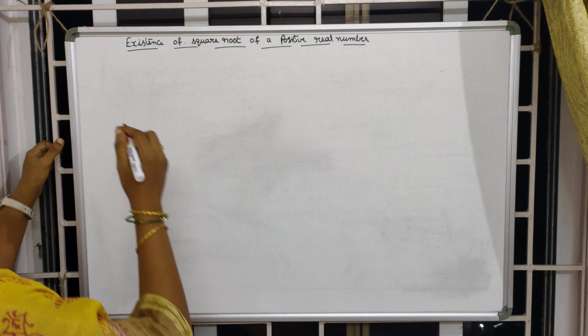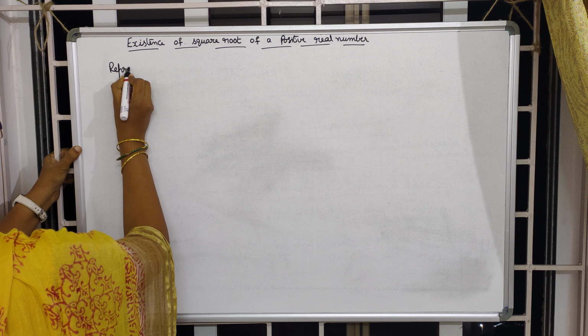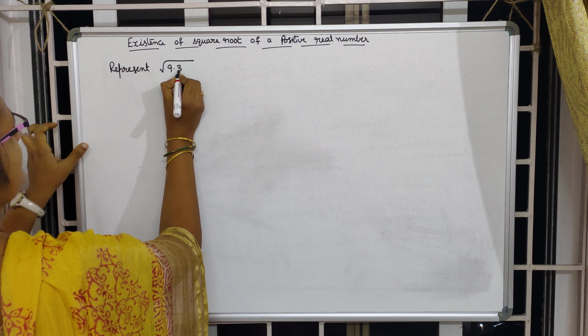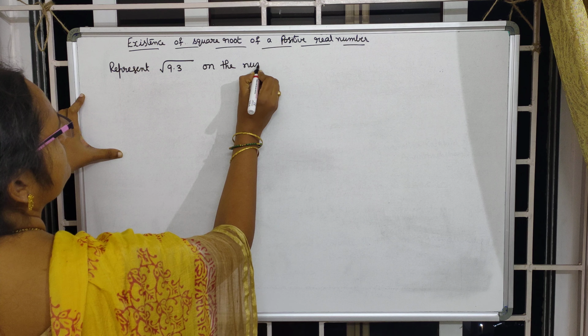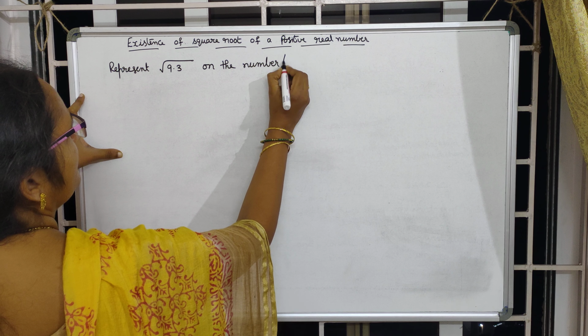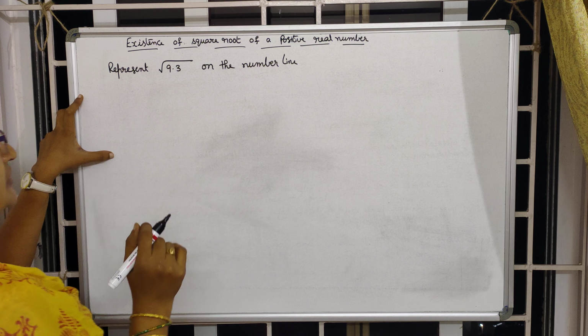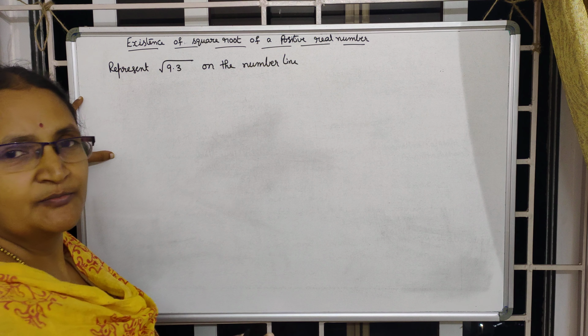So for that, represent root 9.3 on the number line. Here 9.3 is a real number. To represent it on the number line, what should the first step be?